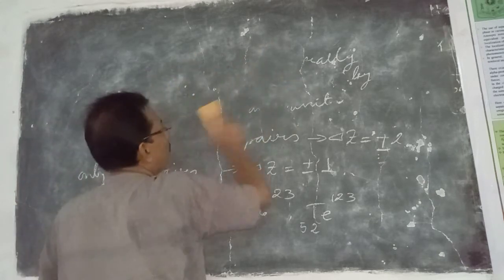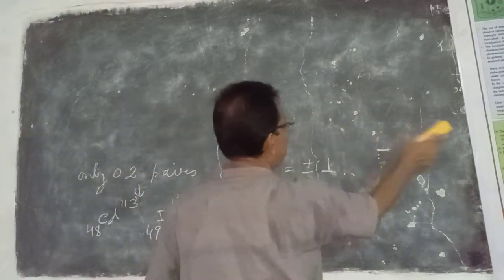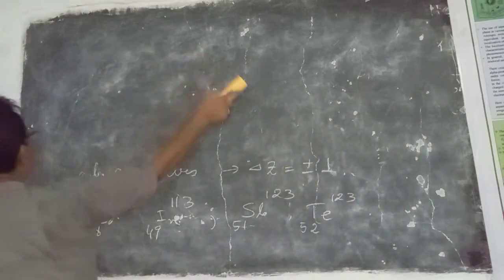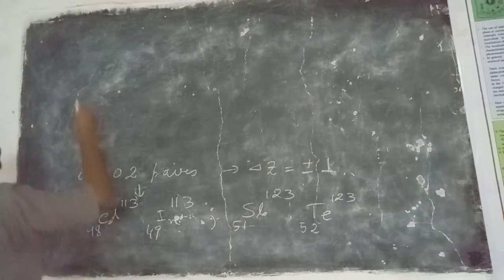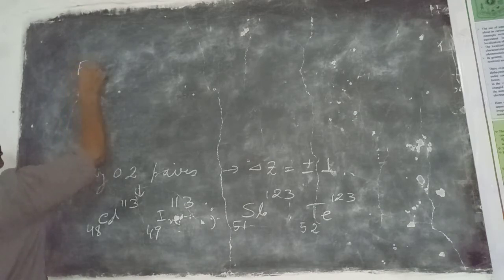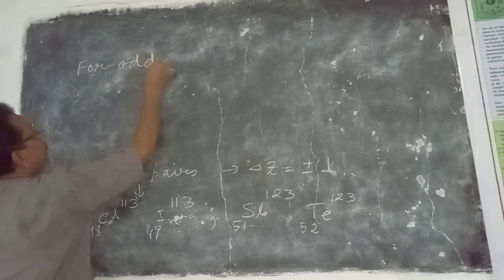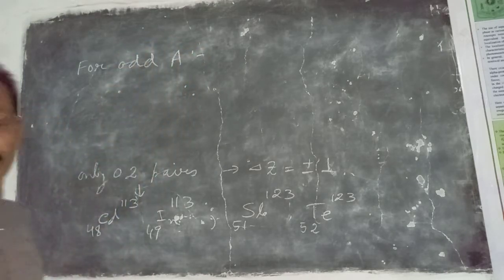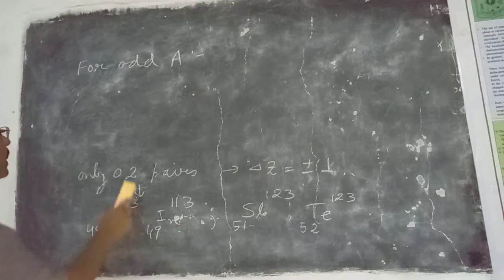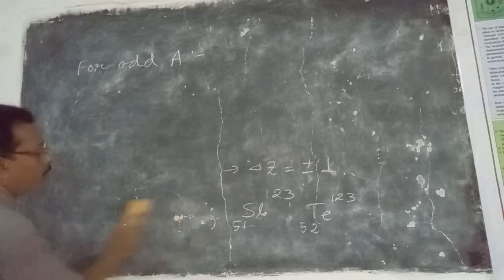Now, if we consider different cases, that is even A nuclei and odd A nuclei, and plot the graph. We consider the binding energy formula for a given odd A nucleus and plot the binding energy versus the atomic number. Then what do we get?